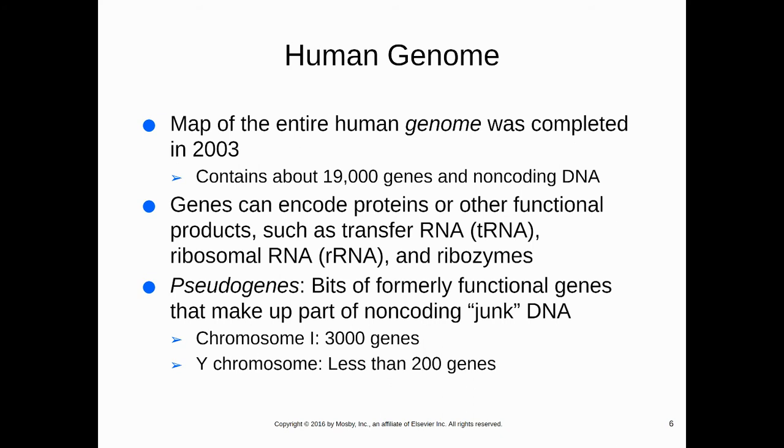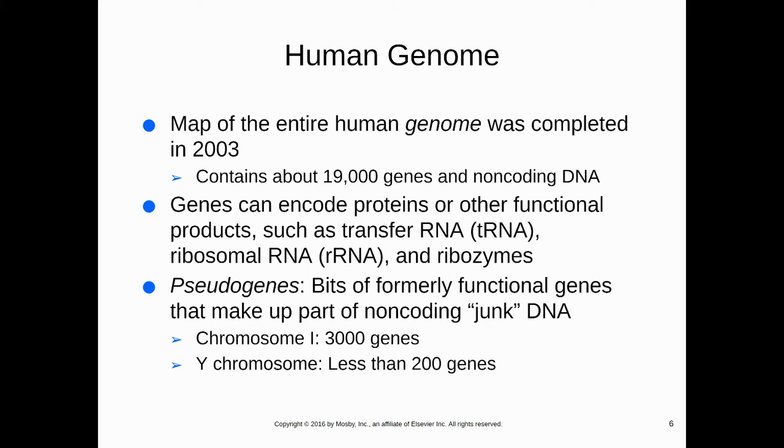So the human genome. It wasn't until recently that we really started using DNA in general, and the entire human genome wasn't completed until 2003. In general, we contain about 19,000 genes. Okay, so when we look at our different chromosomes, we have 23 chromosome pairs, so 46 chromosomes in general, and there are 19,000 genes and non-coding DNA on those 46 chromosomes.